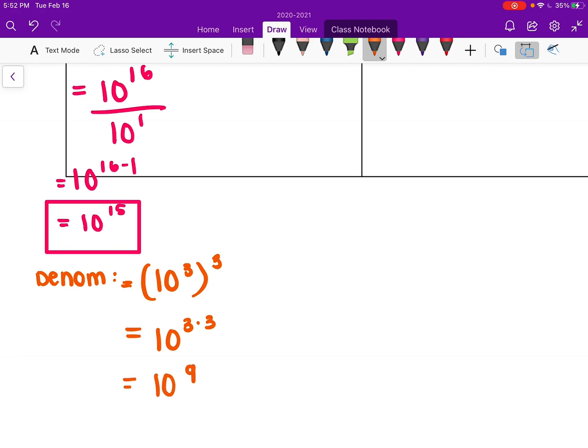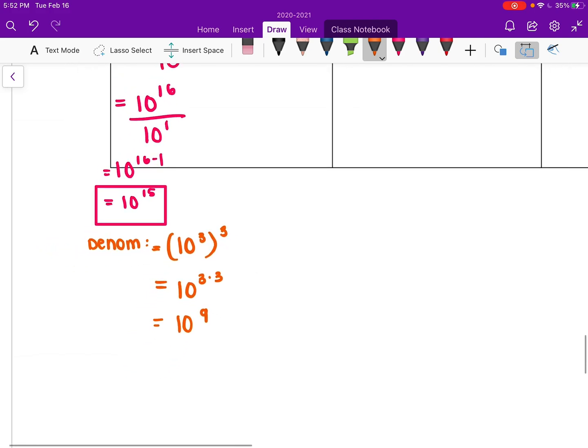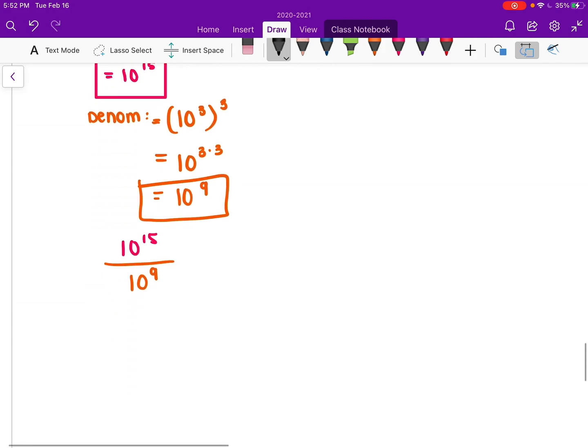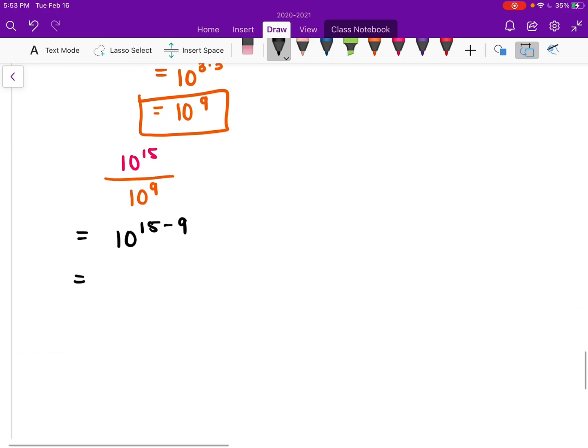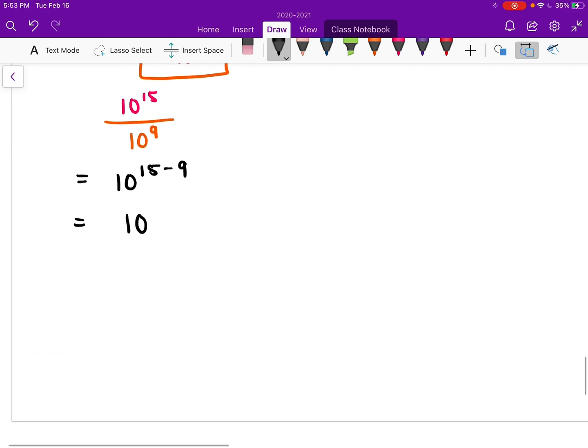So now I know my numerator is 10 to the power of 15, and I know my denominator is 10 to the power of 9, so I can just do that math. So 10, 15 minus 9 is going to give me 6. So I know that my answer is 10 to the power of 6.